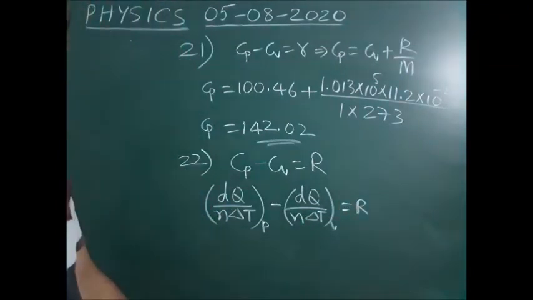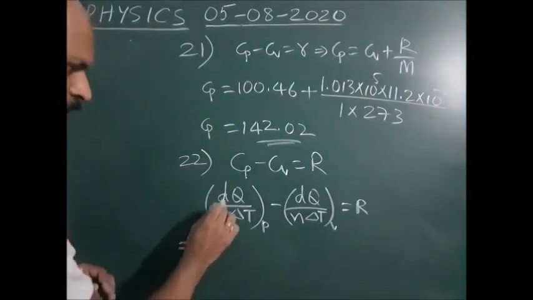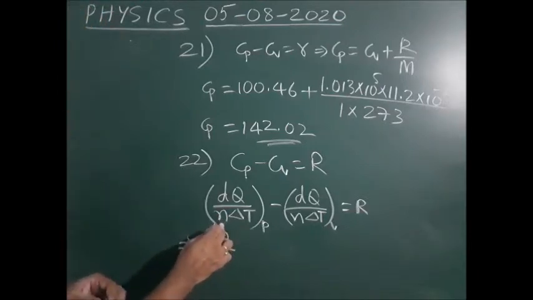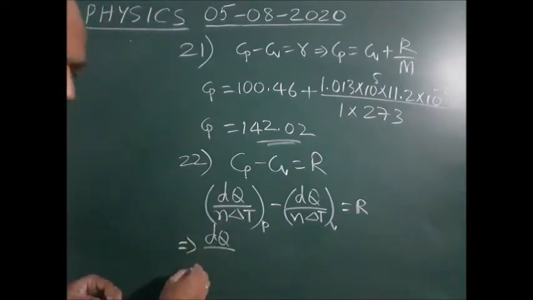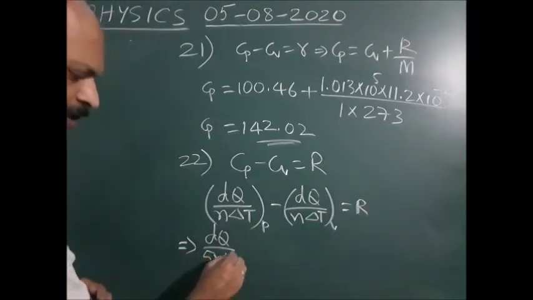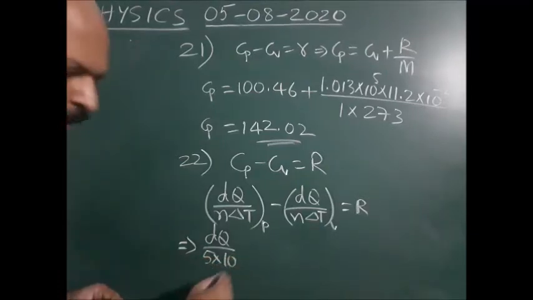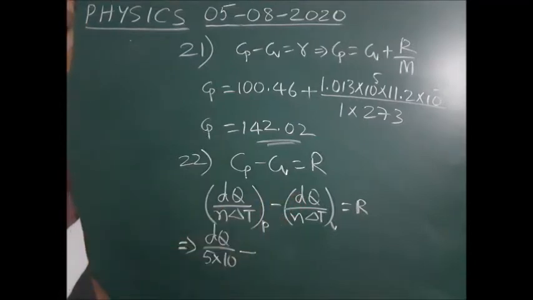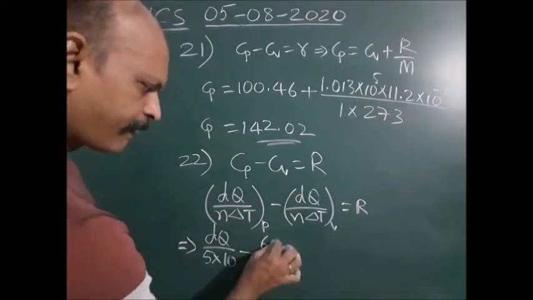Okay, and if we substitute the values here, heat is asking for how many moles of gas in the first situation? 5 moles, for change in the temperature of 10, minus heat at constant volume given is 60.